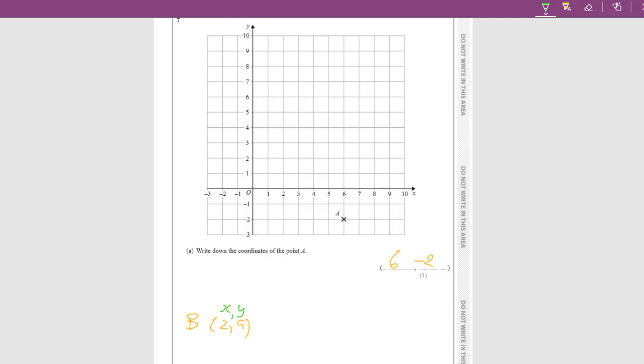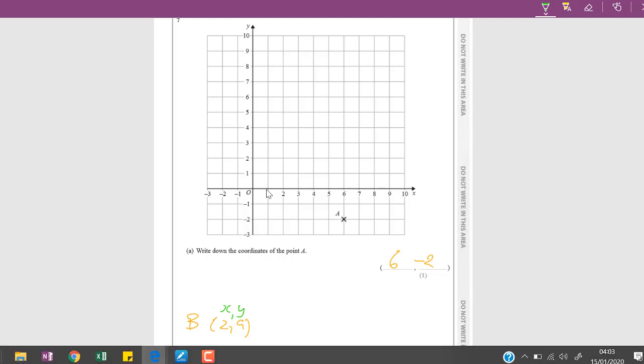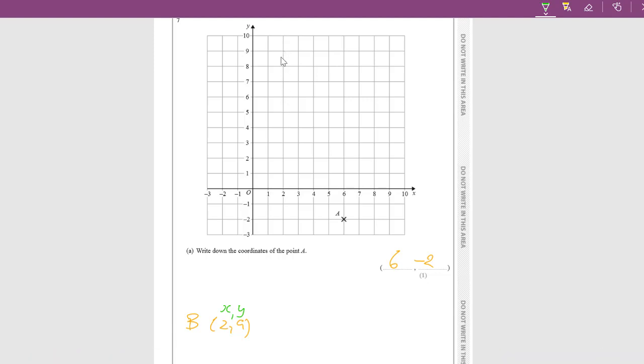And then for our Y, we go from 2 and then up to 9, and then our point will be right there. So we'll mark that, and then we can label that B.